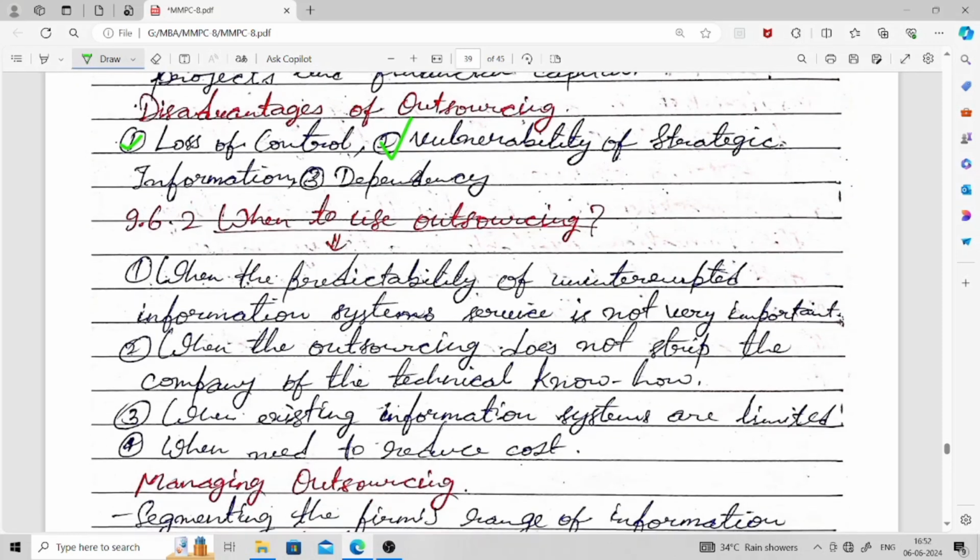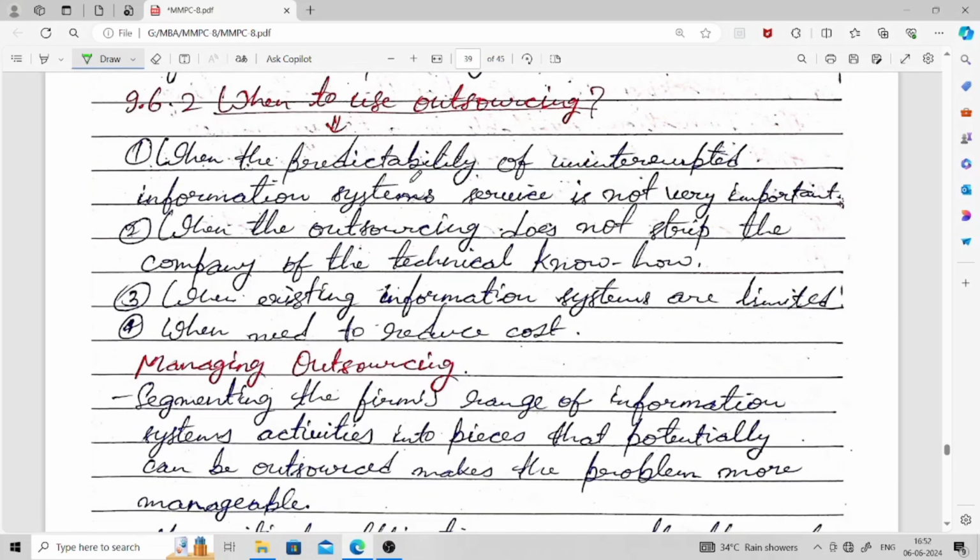Then, when to use outsourcing, in which cases we have to use outsourcing. The first is when the predictability of uninterrupted information system service is not very important.